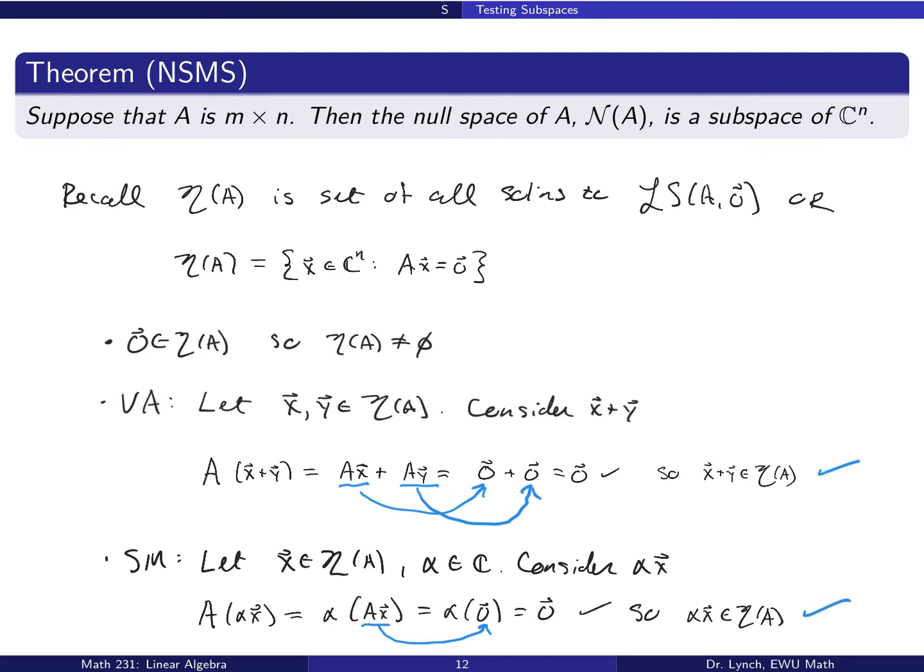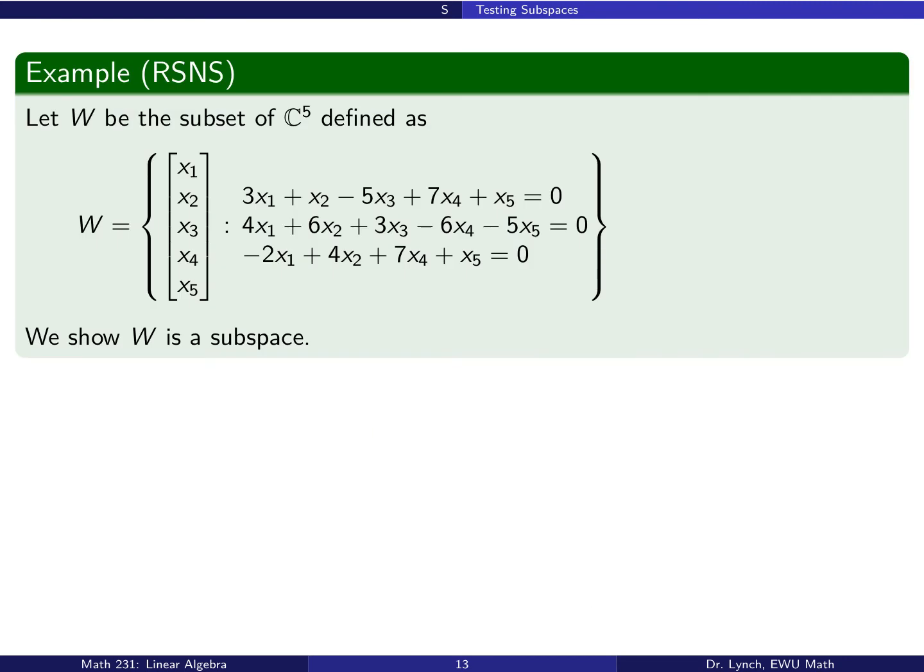Okay, so this is kind of a cool deal. Anytime we can recast our rule to be in a subset as a null space, then we can say it's automatically a subspace. So here's an example of that.